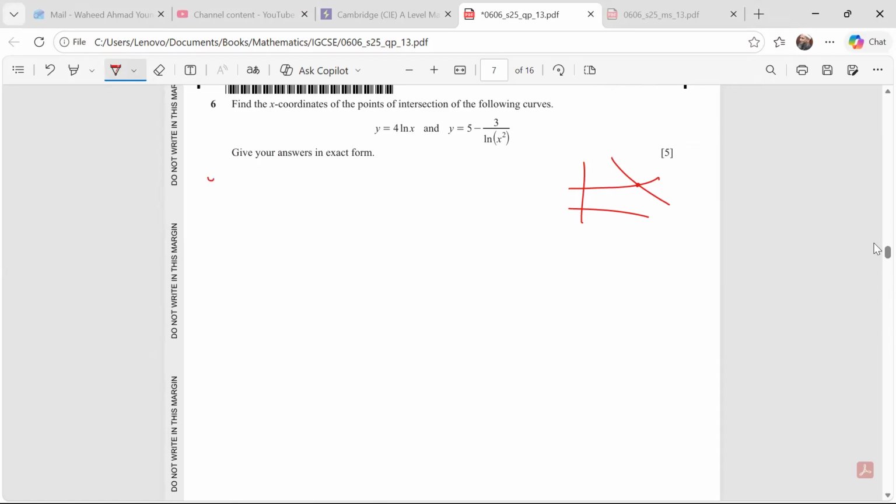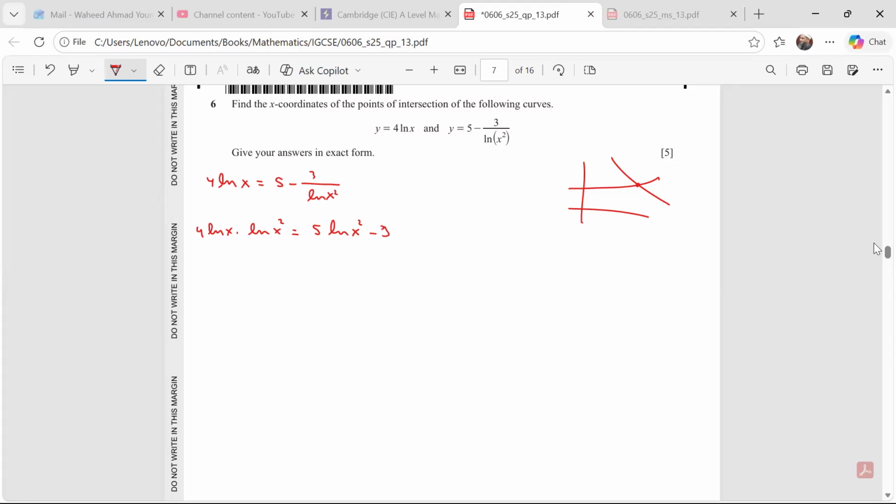I can write 4 log x equals 5 minus 3 over log x squared. Let's multiply everything by log x squared.